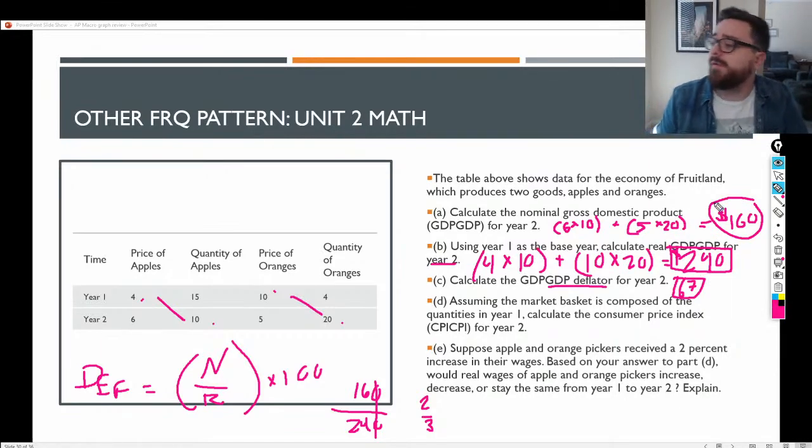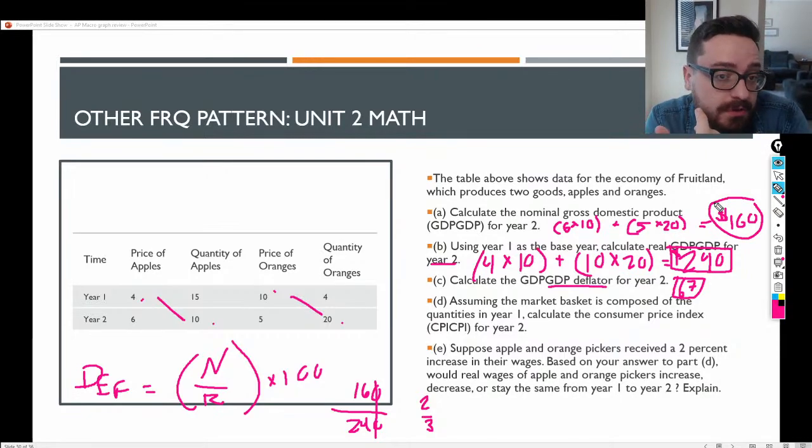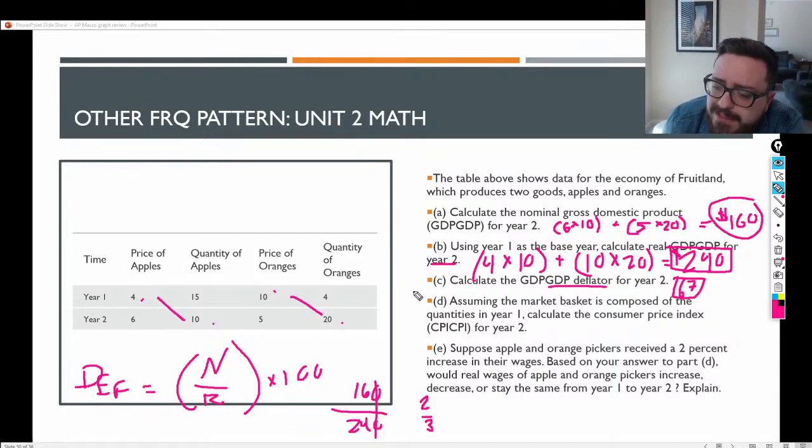For those of you that know what the GDP deflator is, it being 67 is weird because it's less than 100. It means that there was deflation between those 2 years, that prices on average went down by like 33%, which you're like, how does that happen, McRitchie? I mean, look at the table.